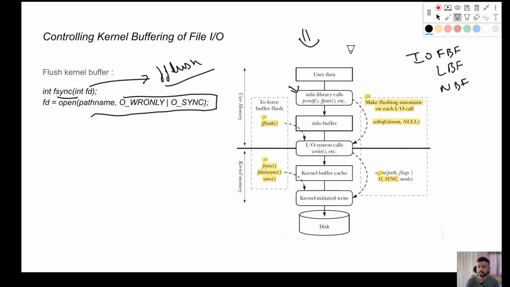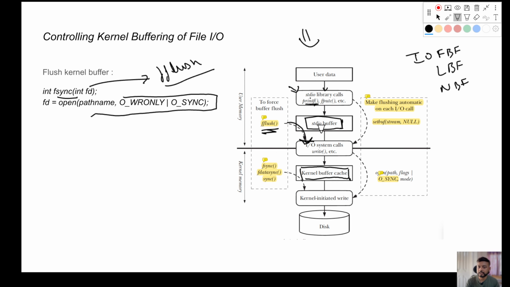This is a good explanatory diagram that explains all kinds of buffering that we have discussed until now. Let's follow the flow. A printf has been invoked and the data then gets buffered to the standard IO buffer. If we invoke an fflush, the data is then written to the kernel buffer.